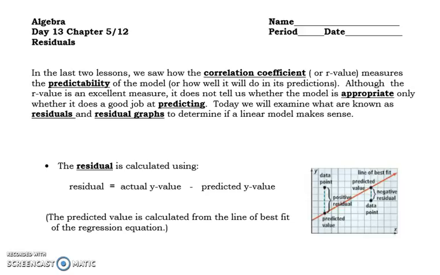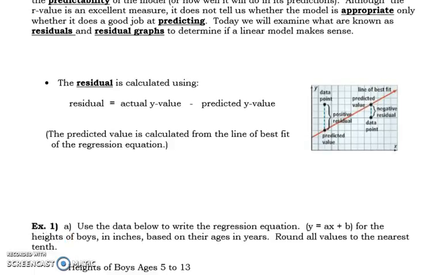So today we're going to examine residuals and residual graphs to determine if a linear model makes sense. Now, the key to residuals is understanding that the residual is the actual Y value from the table minus the predicted Y value, and the predicted Y value comes from the model, or the equation that we come up with. If we look at a picture of this, I have a scatter plot here with a couple data values.